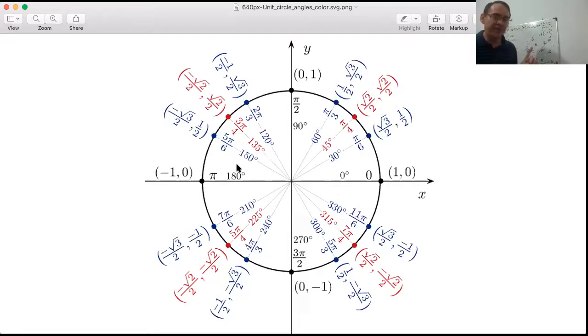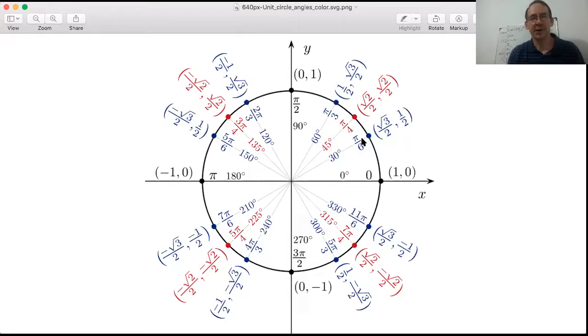The only difference is you have to remember that over here in the second quadrant, cosine is negative. So notice your x values are all negative because the adjacent side is going in the negative direction on the x-axis. But all the y values are positive because it's still going up on the y-axis.